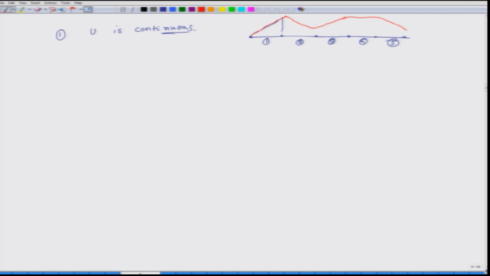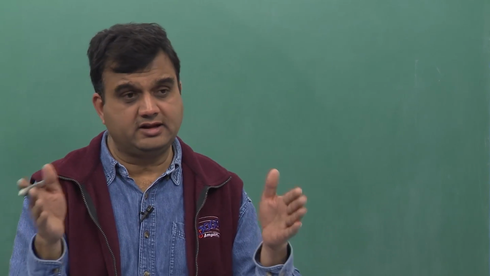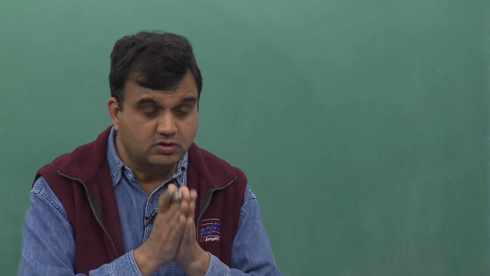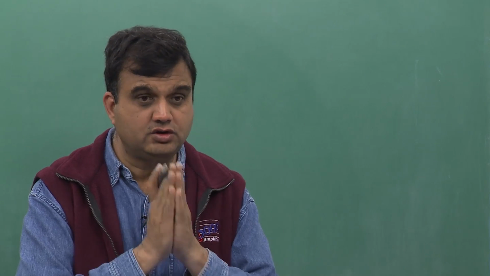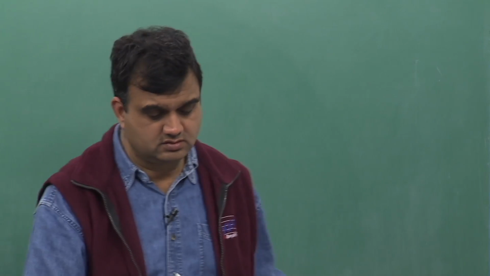That is why I have made straight lines. But at the junction of nodes, if you calculate the value of U from the left element or the right element, the values will be the same, because we have mathematically enforced the continuity of U at junction points. So, U will be continuous.